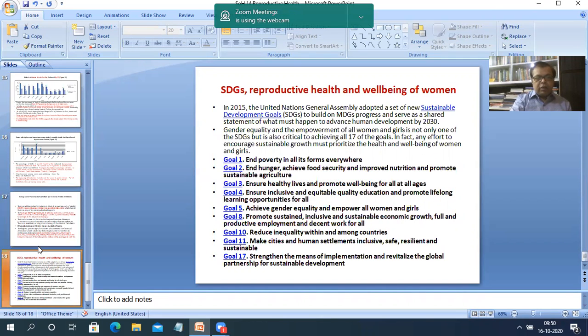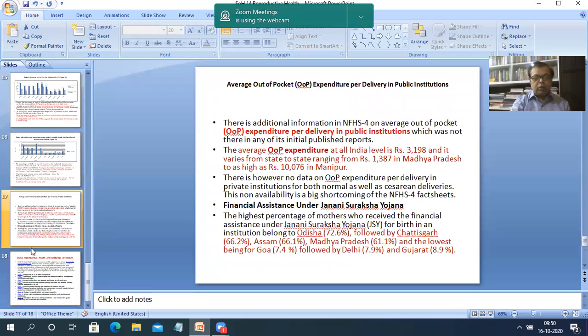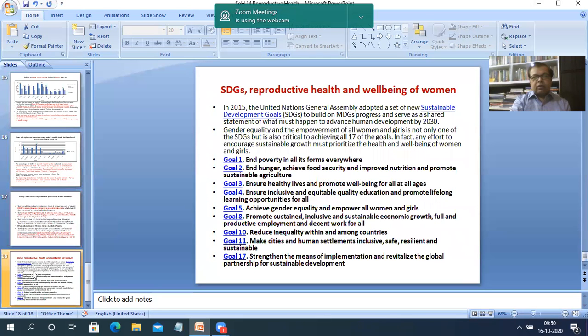The last point is the Sustainable Development Goals, which followed the Millennium Development Goals. The SDGs were incorporated in 2015, and these are supposed to guide us till 2030. Several goals in the SDGs have been incorporated in such a way that they can address the issues related to MDGs.